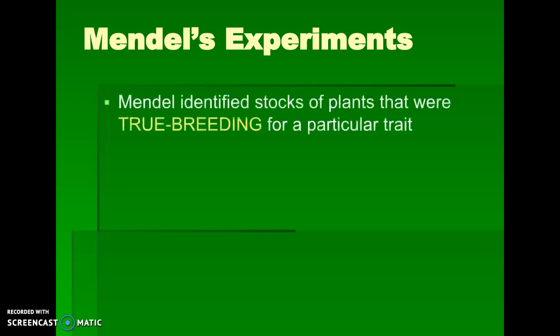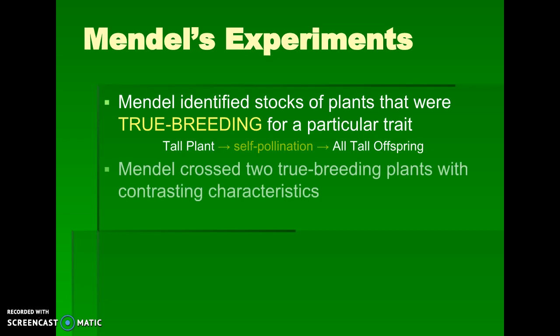Let's take a look at Mendel's experiment. Mendel identified stocks of plants that were true breeding for a particular trait. Tall plants, through self-pollination, ended up with all tall offspring. Mendel decided to cross 2 true breeding plants with contrasting characteristics.